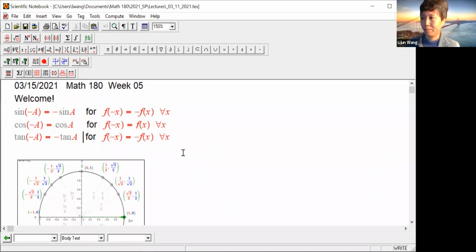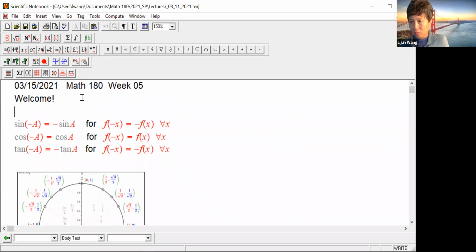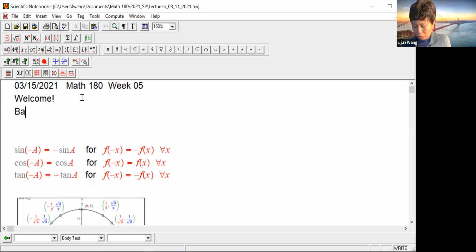For example, one of the exercises we did yesterday, back to trig 7A.